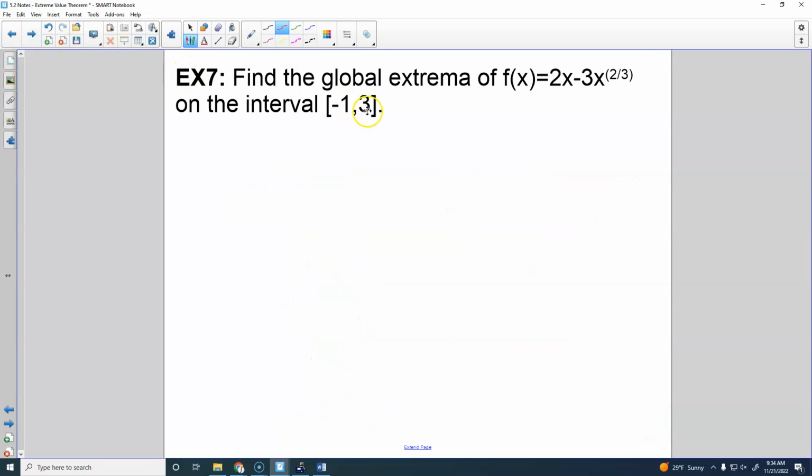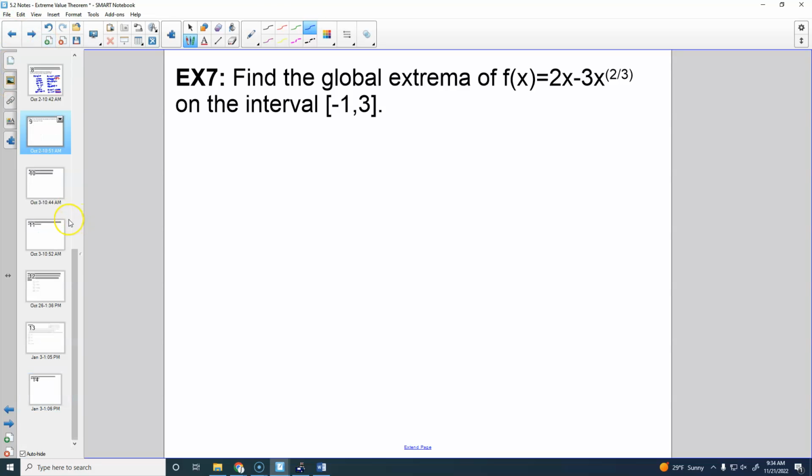All right, so 7 says find the global extrema of this particular equation on the interval from -1 to 3. Whenever we're doing these problems, we need to find the derivative first.